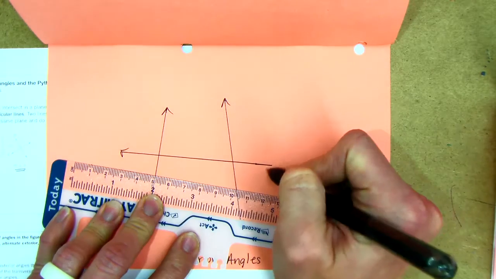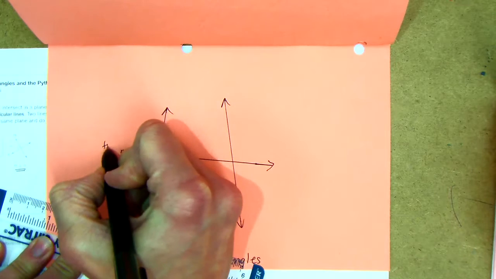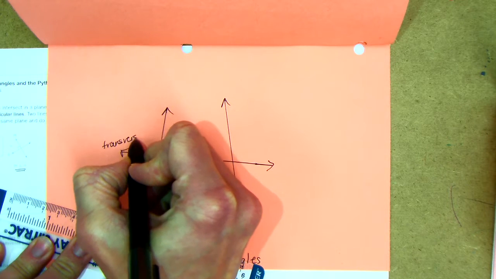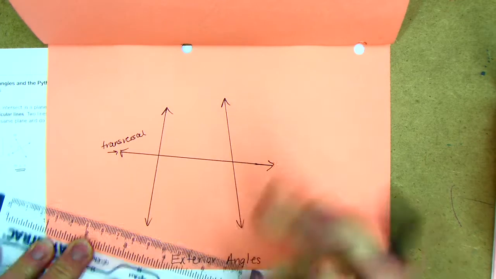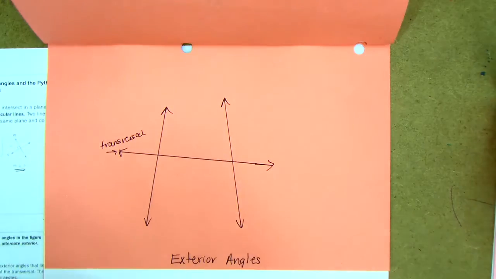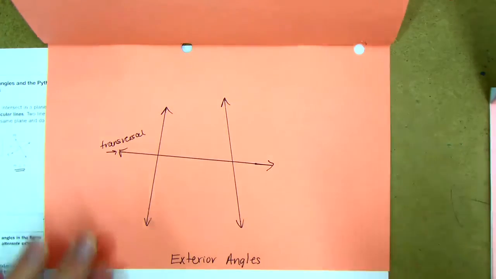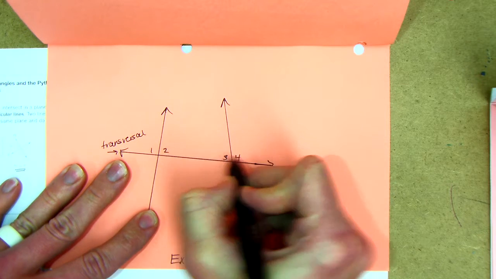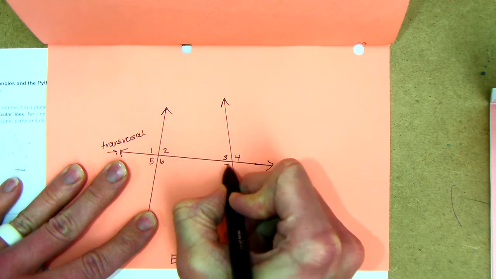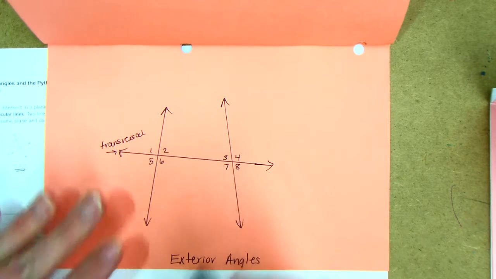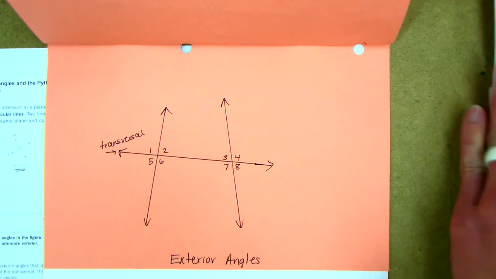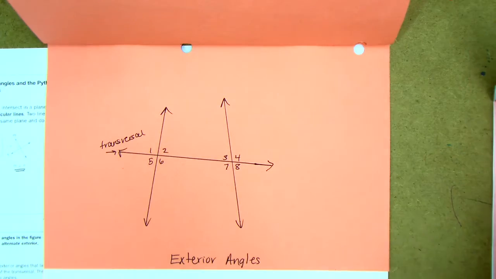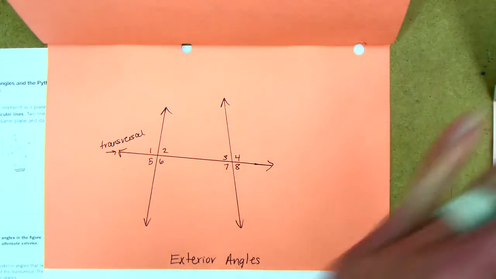So once again, this is my transversal right there. Again I have 8 angles: 1, 2, 3, 4, 5, 6, 7, and 8.